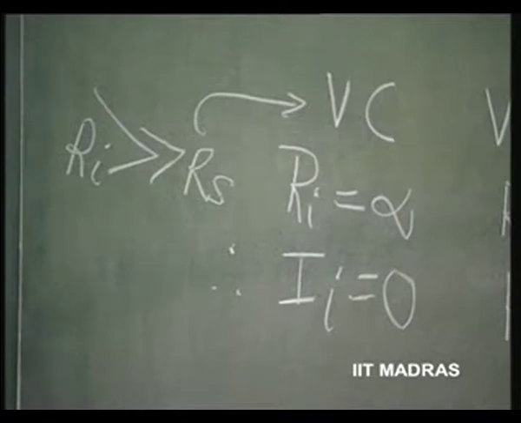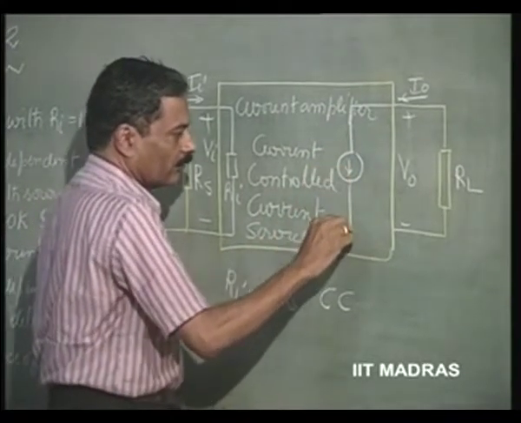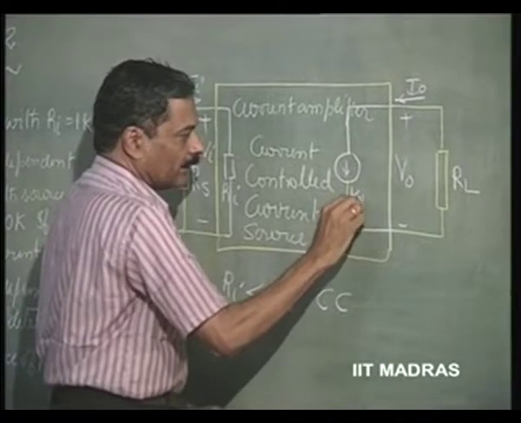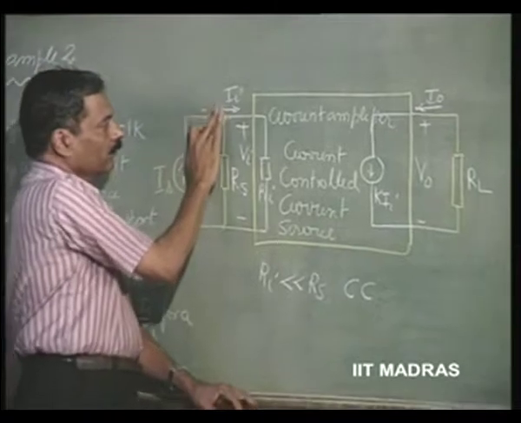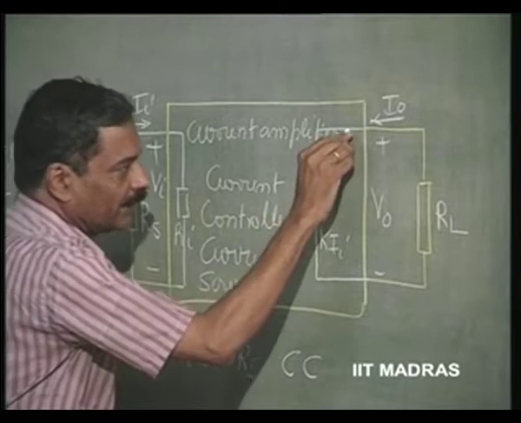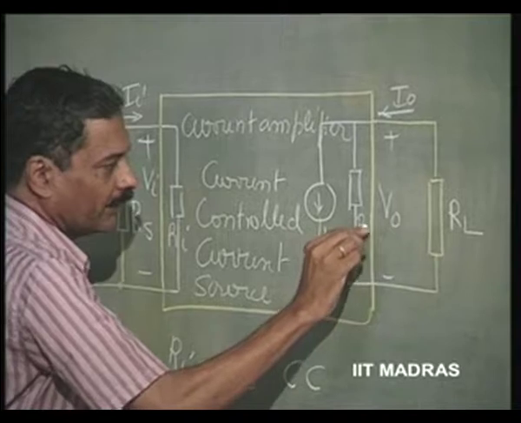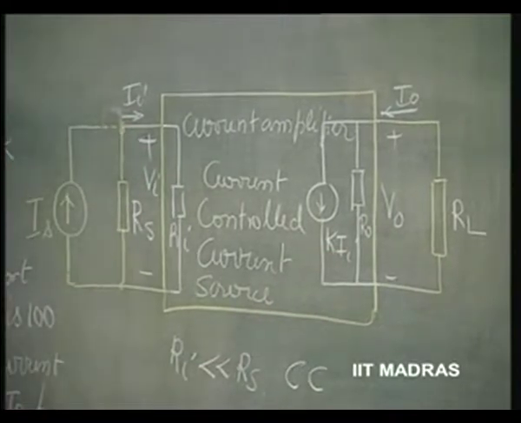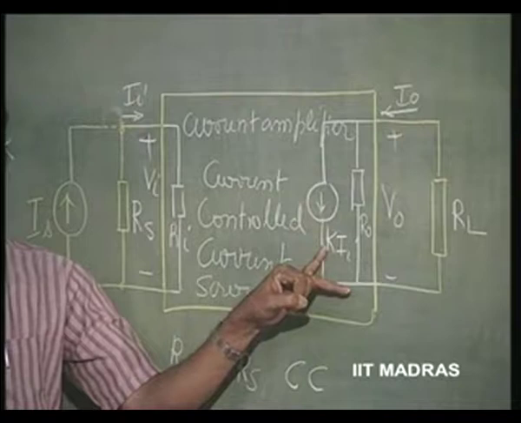So, once again the current source output K times II is going to be shunted by a finite output impedance of the amplifier. This is the way you are representing a non-ideal current source at the output. This is a dependent non-ideal current source.